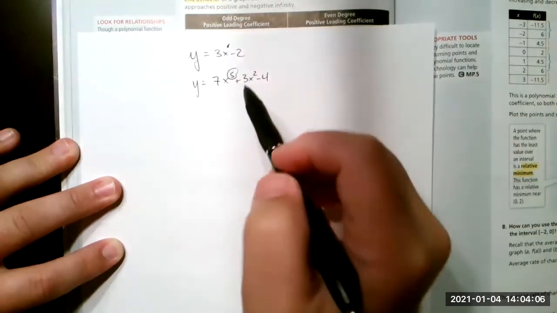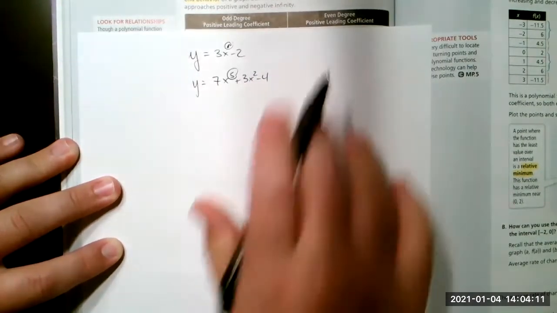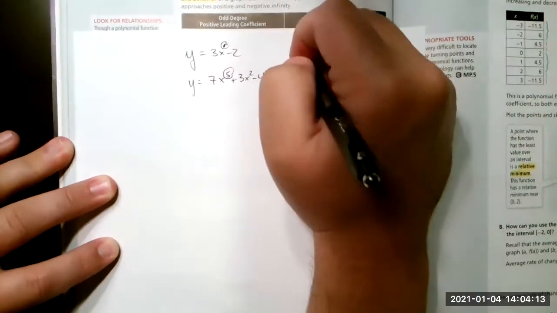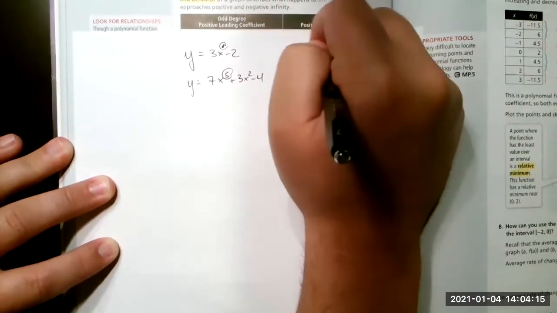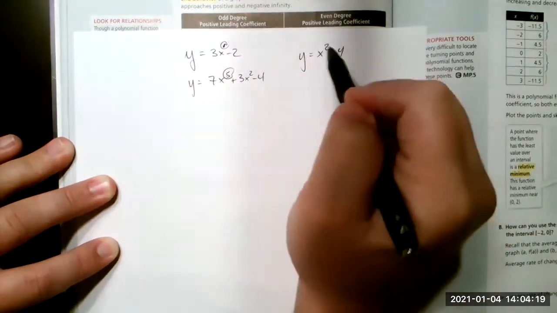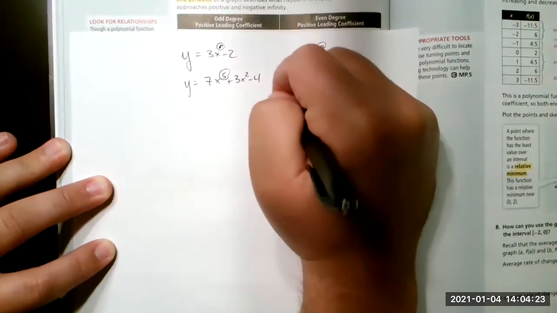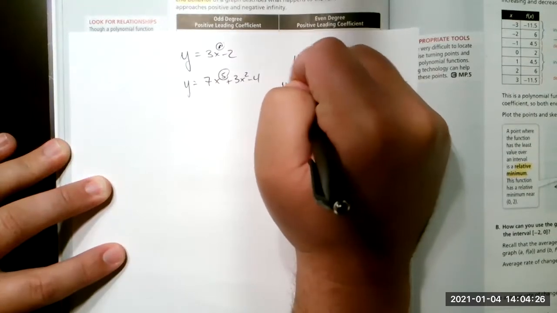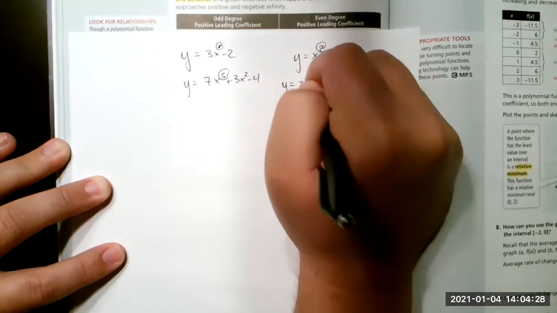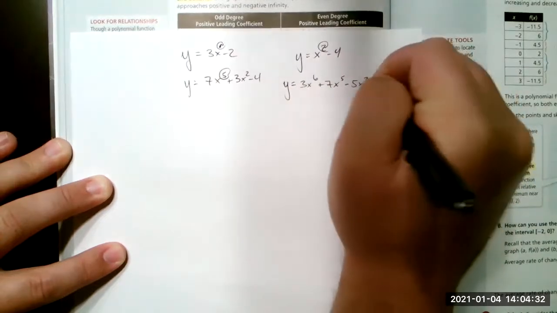So anything that has the highest degree, right, being an odd number, that's an odd degree. Something like an even degree would just kind of be what you're probably thinking, y equals x squared minus 4, right? The highest degree we have is x squared, 2 is an even number. These things can get really involved, like y equals 3x to the 6th plus 7x to the 5th minus 5x squared plus 4x.